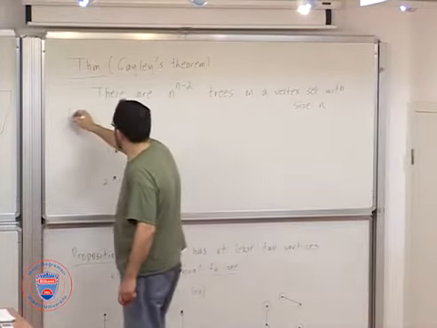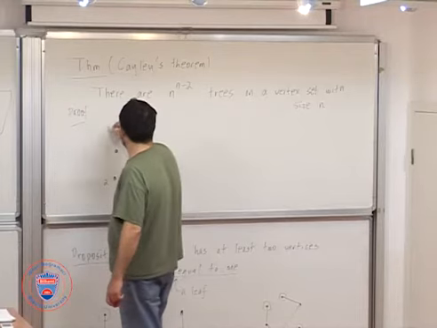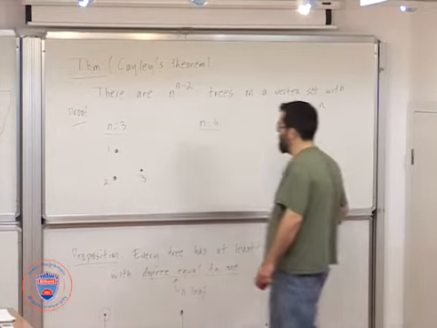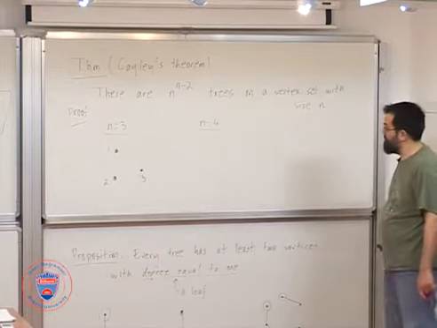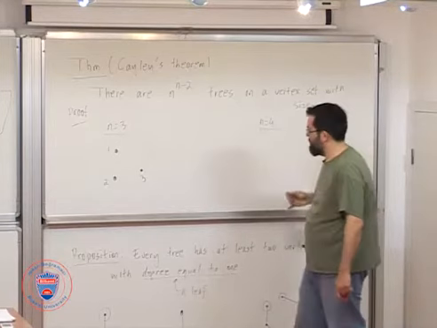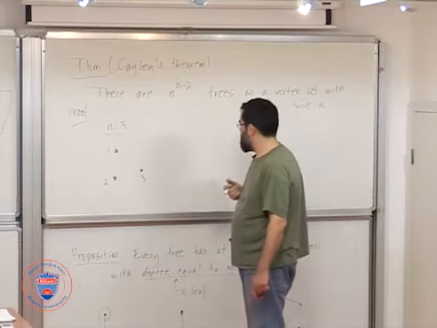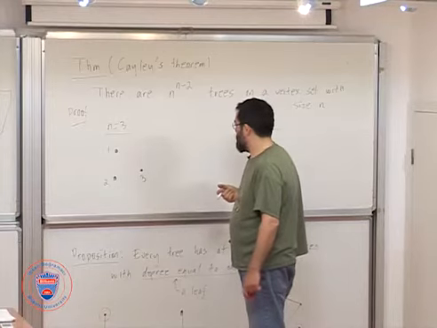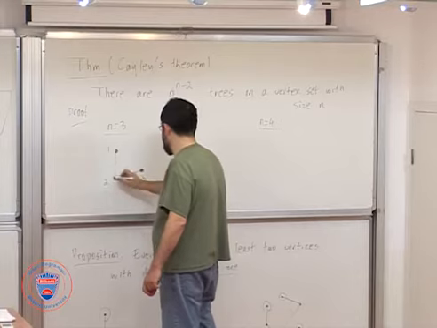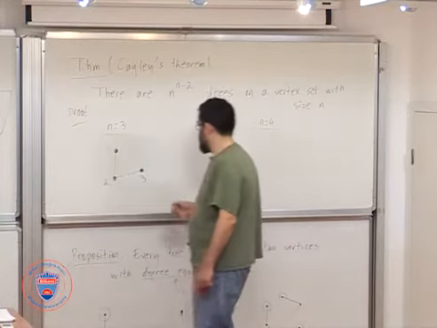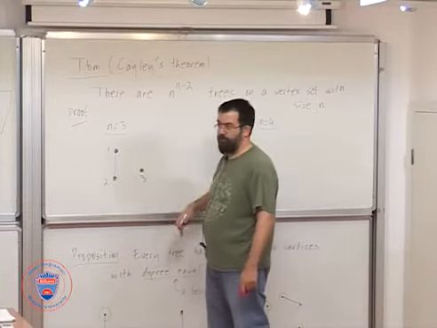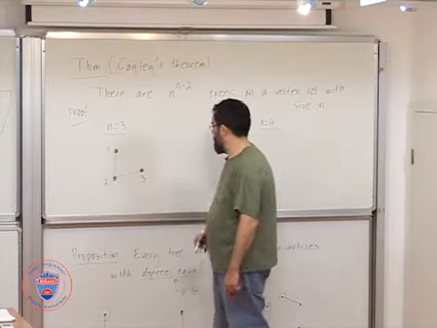So we'll be looking at all the cases and so on, and maybe get an idea how to do it. For n equals 3, this is one of the spanning trees. This is a tree because it's connected. This won't be a tree because this is not connected. This is a tree.